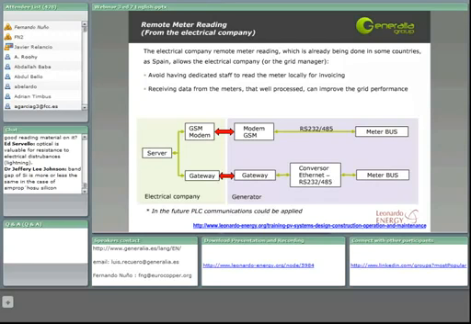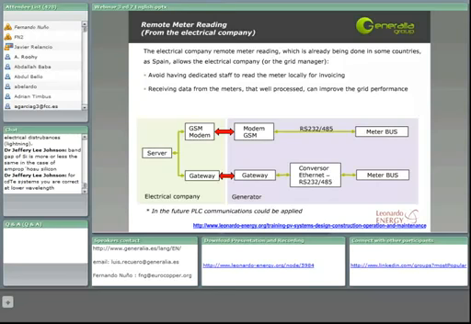Another different advantage of this kind of system is that if the data is well processed, the electrical company might be able to improve the grid performance. So here we can find two different topologies to read the hour meters from the electrical company.